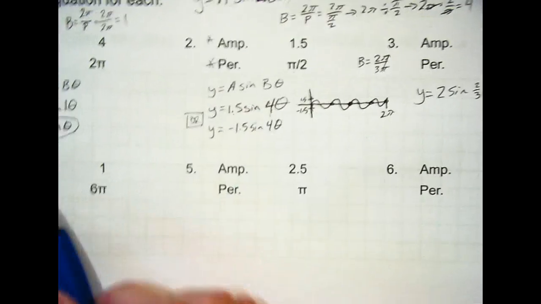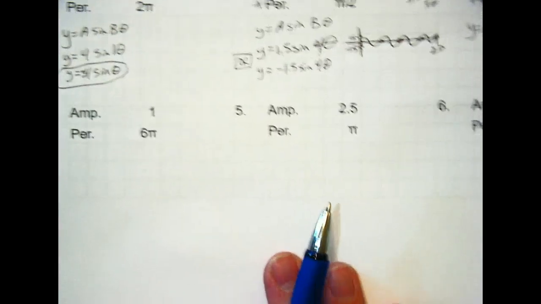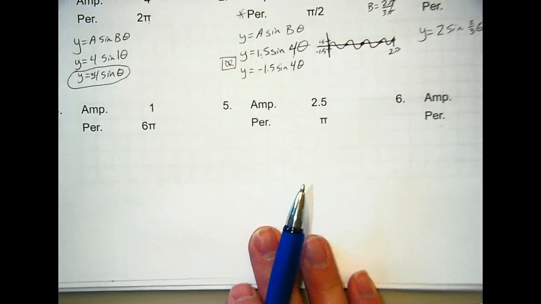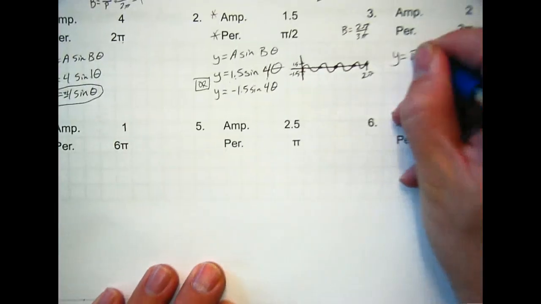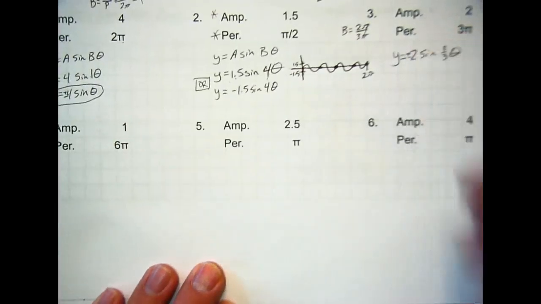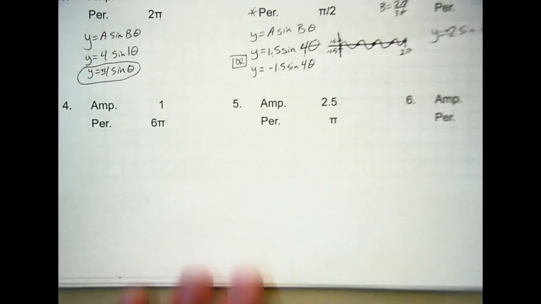I want you to go ahead and fill out 4, 5, and 6. Okay, write your equation. Yep, and as we talked about, this could be a plus minus. Good. Perfect.